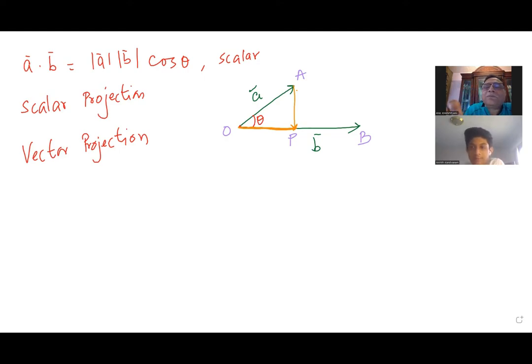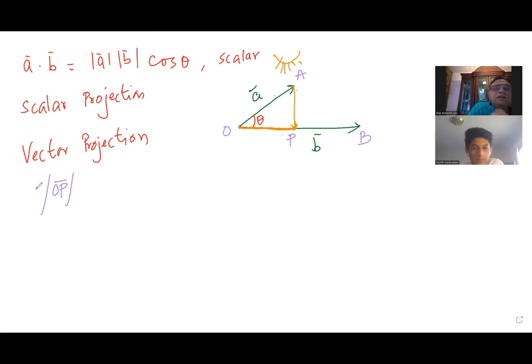Imagine a sun or a light source right there on the top. In that case, where will this reflection fall on the line? That is how it is projected. You see the projection. It means this. So when we say that we want to calculate the projection of A on B, it means we want to know what is the magnitude of OP.